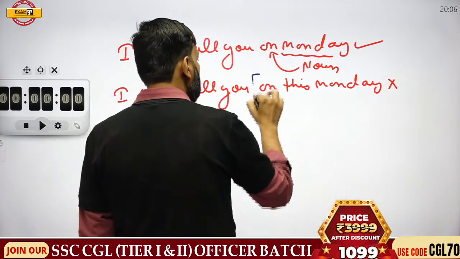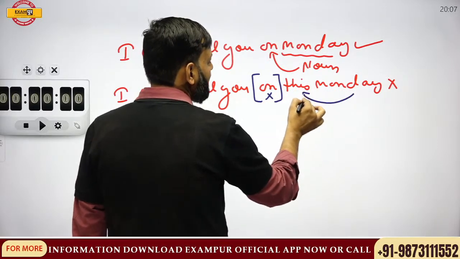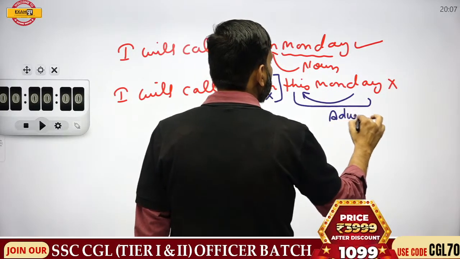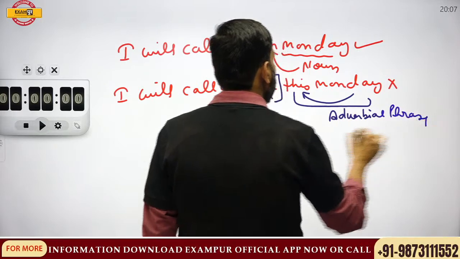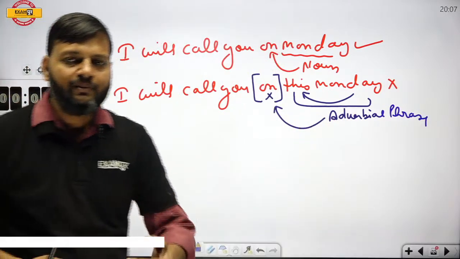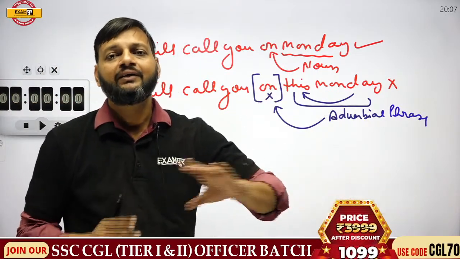What is wrong with this sentence? Here the use of preposition is wrong, because Monday with the word this becomes an adverbial expression, or we can say an adverbial phrase, and adverbial phrases are never preceded by any preposition. So this Monday, this summer, that winter are adverbial phrases.